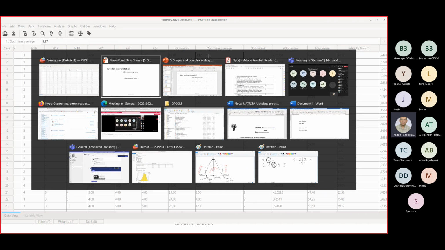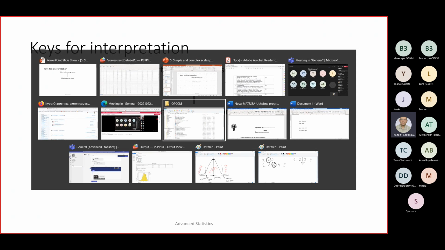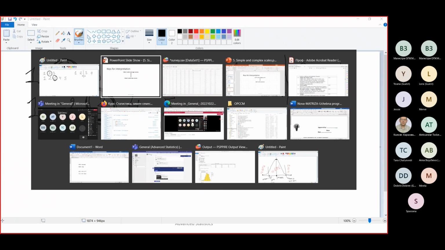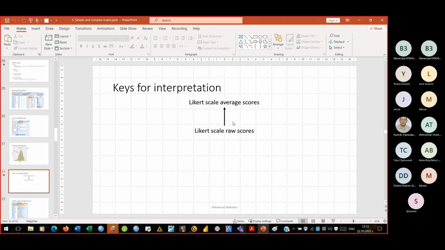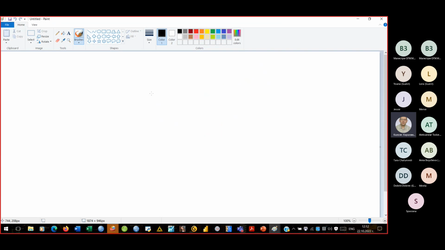And why did I say that this is easy for interpretation? Again, I will use whiteboard and we will open new. Sorry. Open new whiteboard.